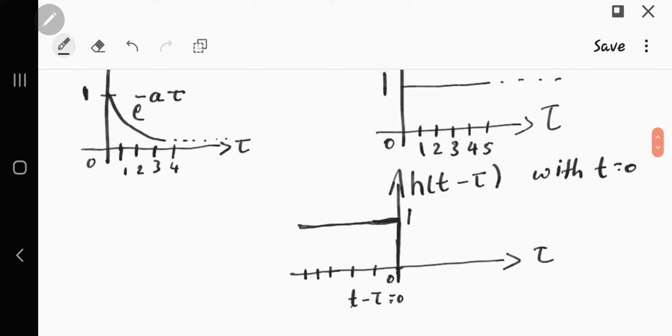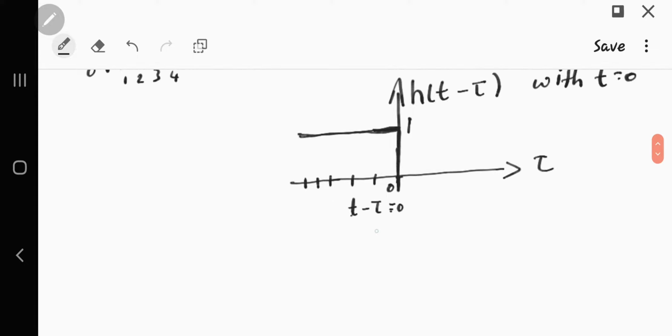Simplifying, minus tau is equal to minus t. Both signs cancel, tau is equal to t. So I will be expressing this in terms of t. I will call this point tau is equal to t.